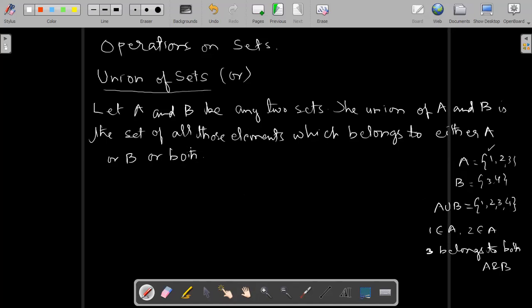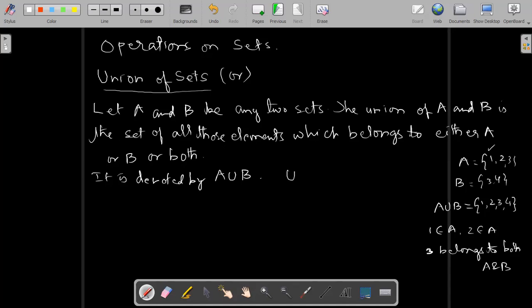So this is the definition, and it is denoted by the union symbol and read as A union B. The symbol is used to denote the union.